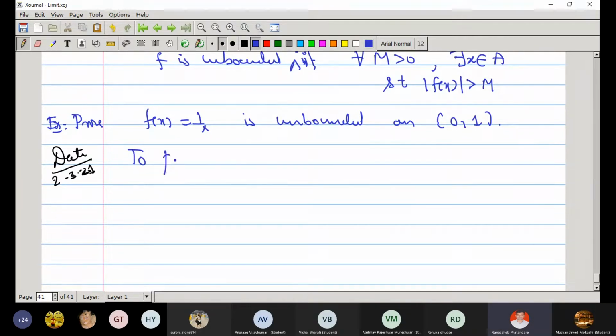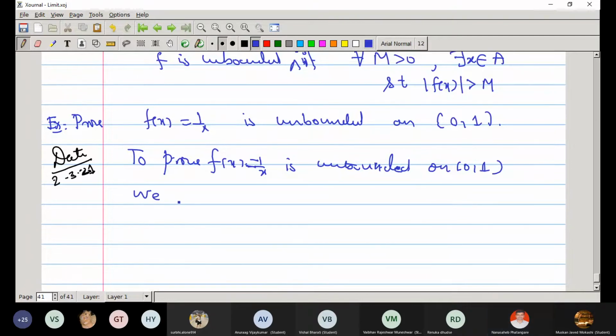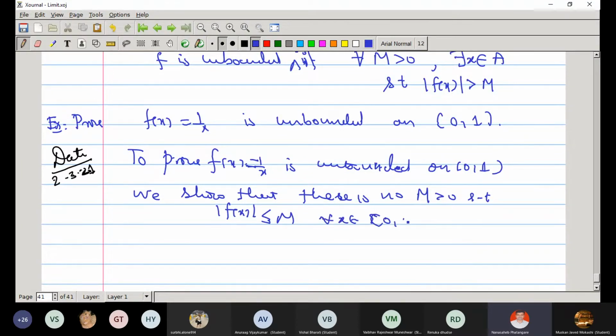To prove that f of x equal to 1 by x is unbounded on (0,1), we need to show that there is no m such that the absolute value of f of x is less than or equal to m for every x in 0 to 1.